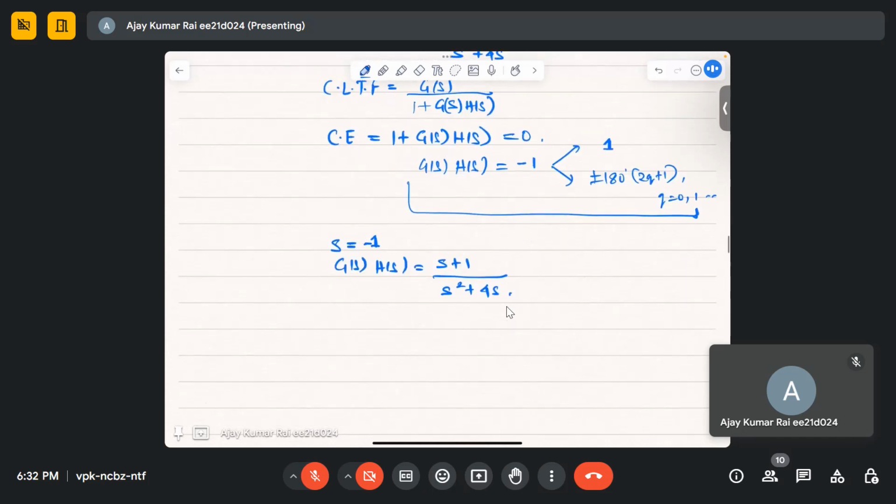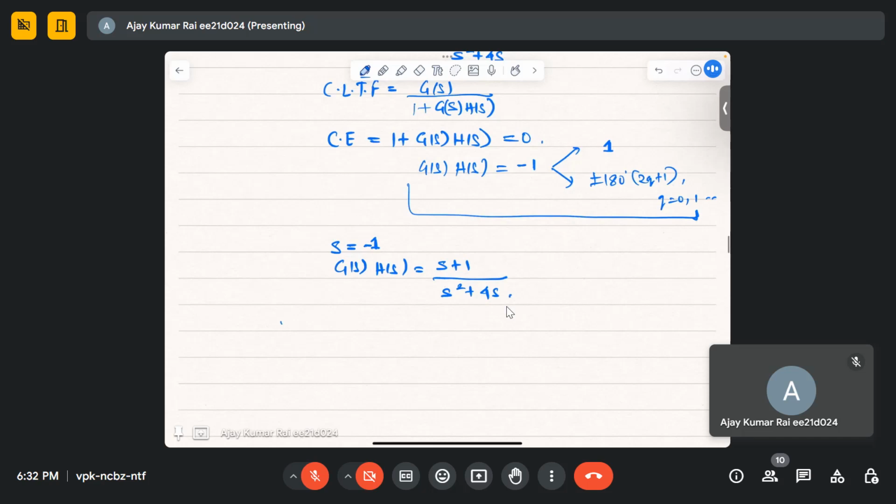So let's first find the magnitude. We are not putting s equal to sigma plus j omega, let's just put s equal to -1.